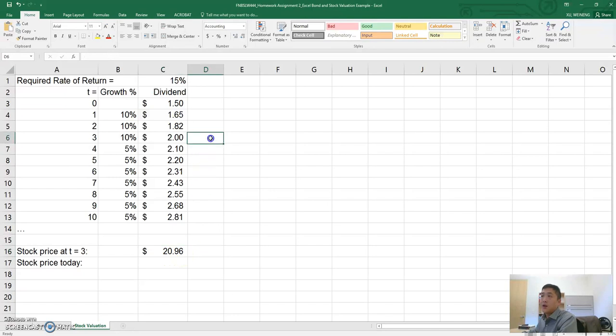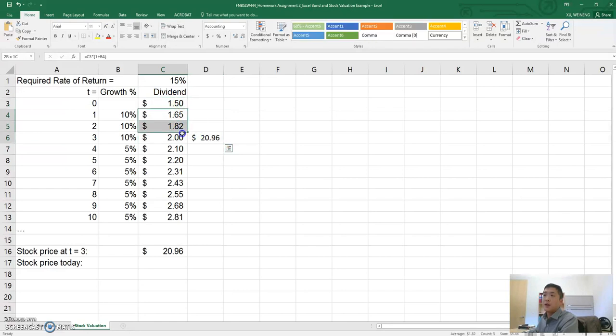And essentially, I can add this number right here, okay? So we are essentially just looking at this sequence of cash flow, okay? So it's a cash flow starting from next year all the way to year 3.